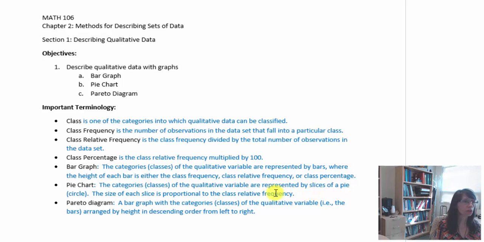So we'll be working with circles today, and remember the size of each slice needs to be proportional to the class relative frequency. If you have some larger percentages that you're working with, make sure that your 45% slice is going to be a wider slice than your 2% slice. So just keep that in mind.